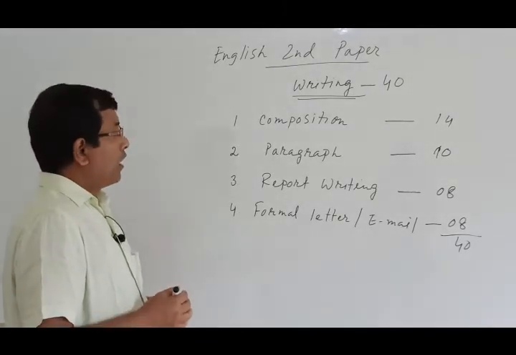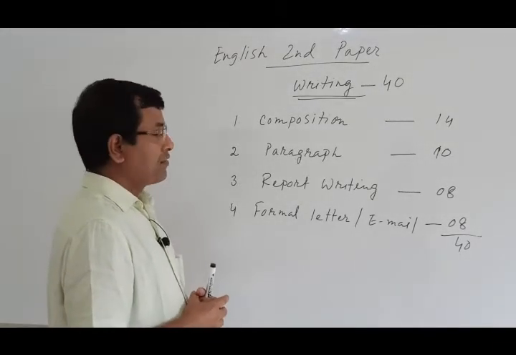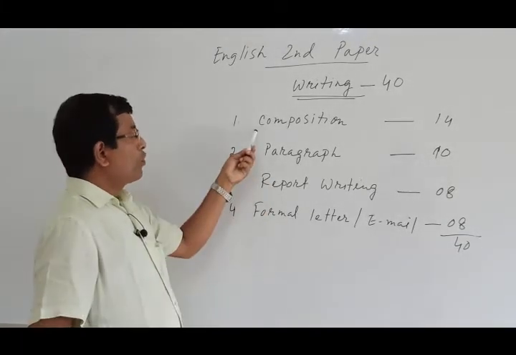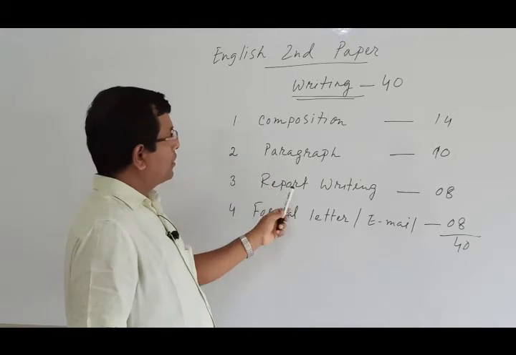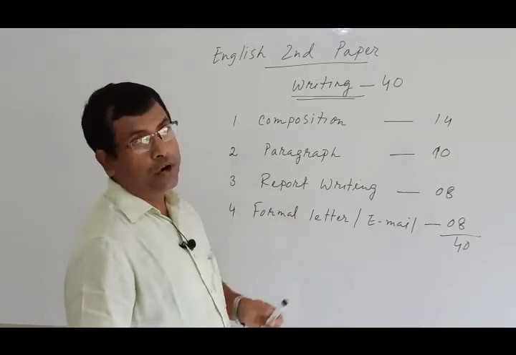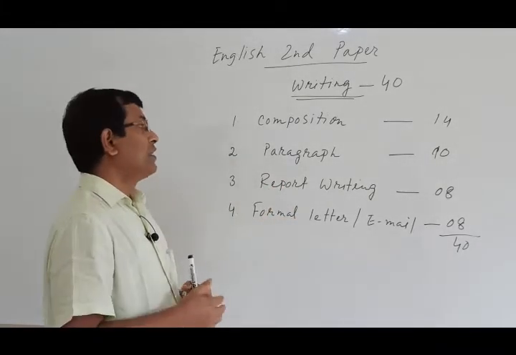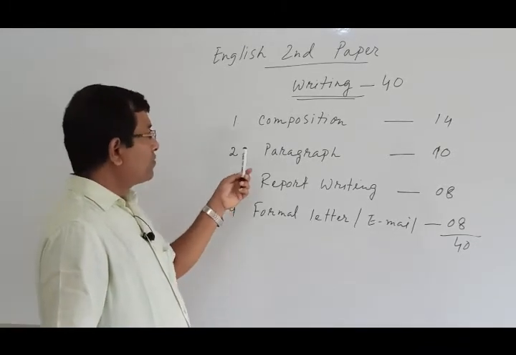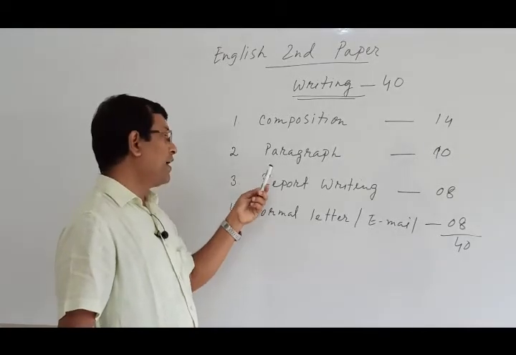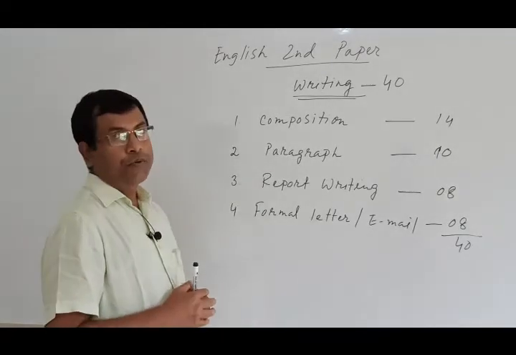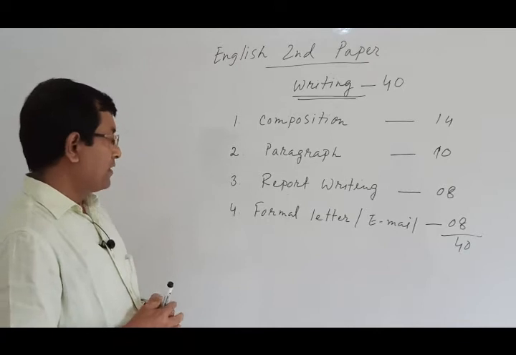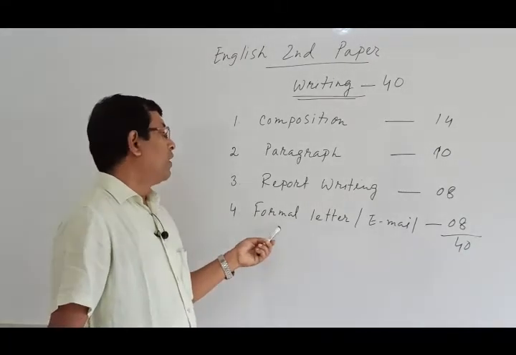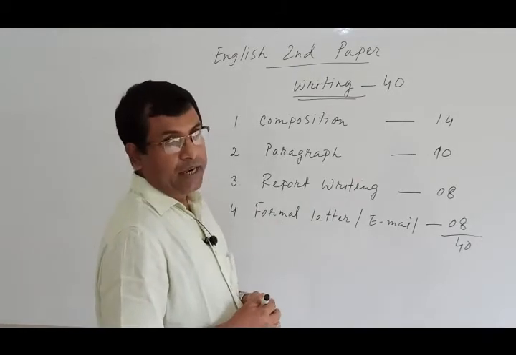If you look at the writing items, you will see composition, paragraph, report writing, formal letter or email. Each item is different from one another. Composition is not like a paragraph, and again a paragraph is also different from report writing, and there are obviously some differences between report writing and formal letter or email writing.